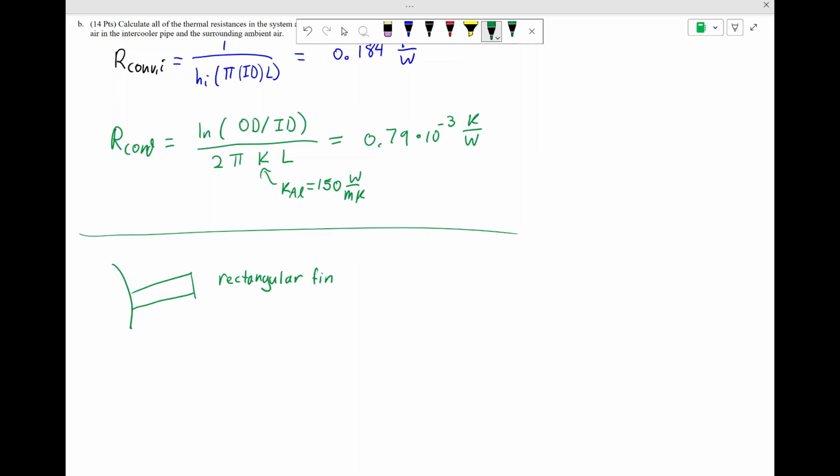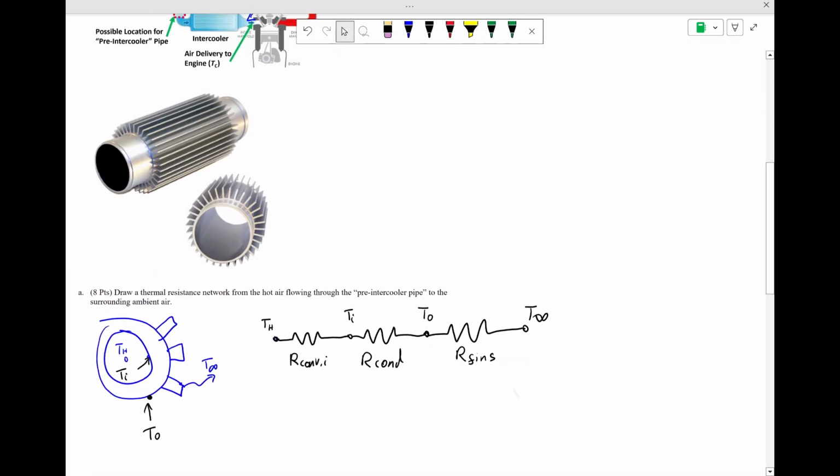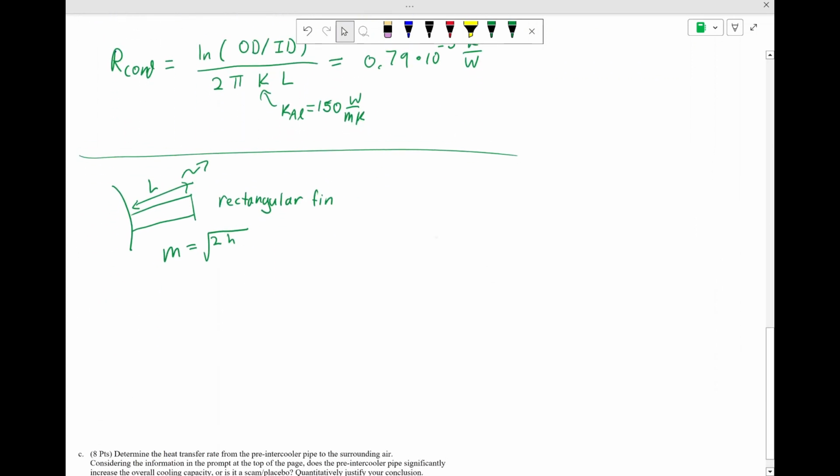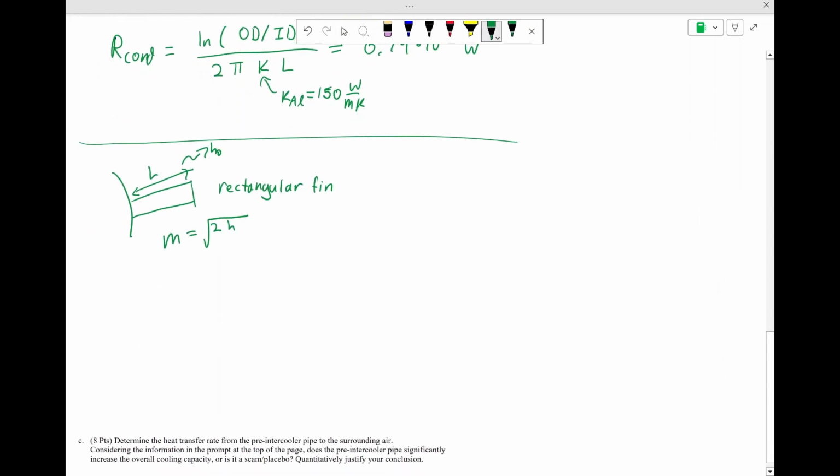so that fin has length L here, and it has a parameter m, where m is defined as the square root of 2 times the heat transfer coefficient. So this heat transfer coefficient on the outside, we were calling that HO, to T infinity.